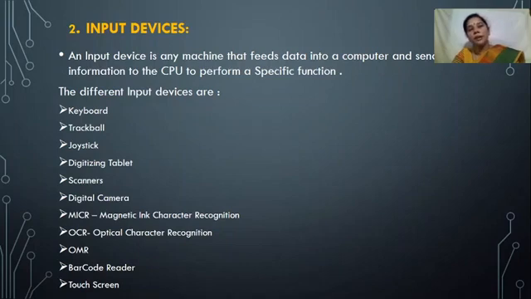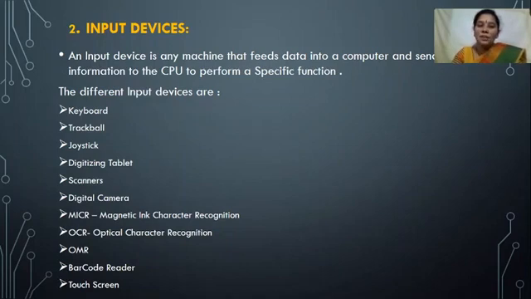The different types of input devices that we are studying are the keyboard, the trackball, the joystick, the digitizing tablet, scanners, digital camera, MICR, OCR, OMR, barcode reader and touchscreen. We will be learning about these input devices in detail in the further classes. These are the main input devices that we will be studying.